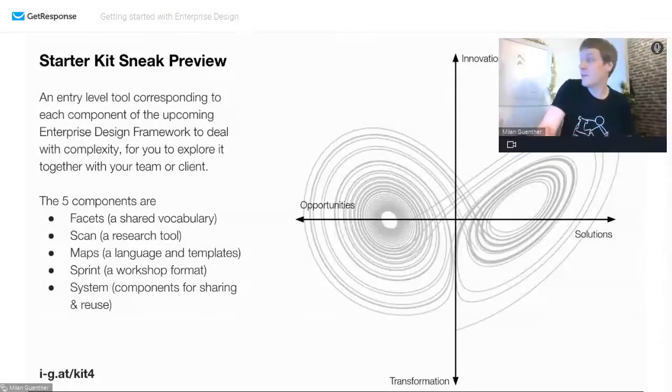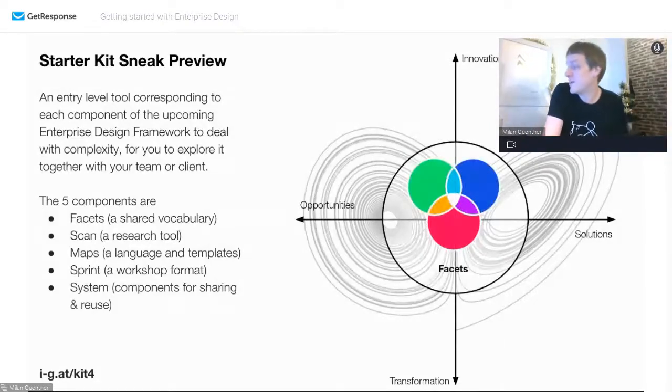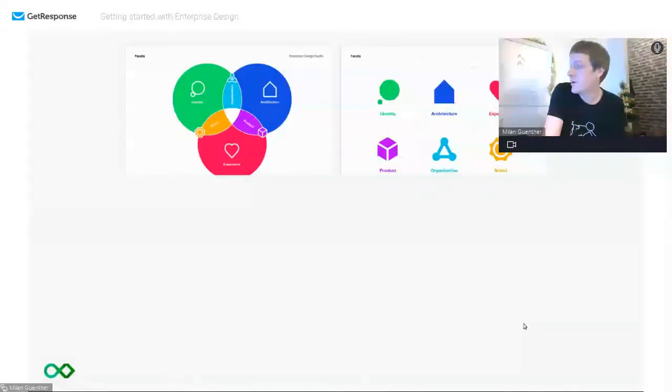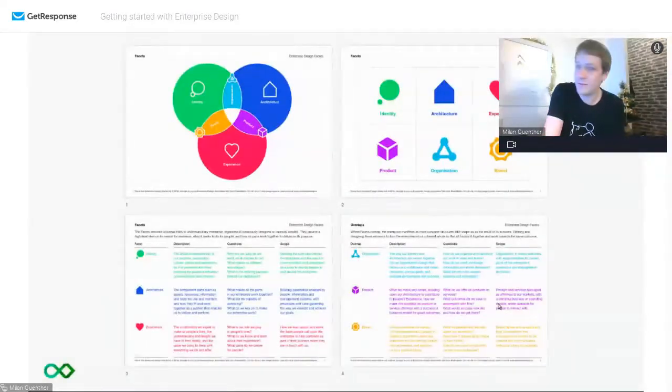And so the tools are basically designed to help us do that. So the facets, the scan, the maps, the sprint, and the systems. And just to give you a little preview, here we have the facets with the description of what we mean by each of the icons and what kind of questions they entail.